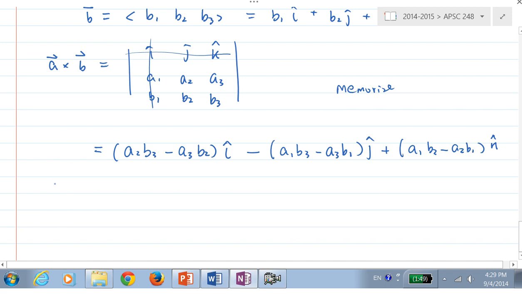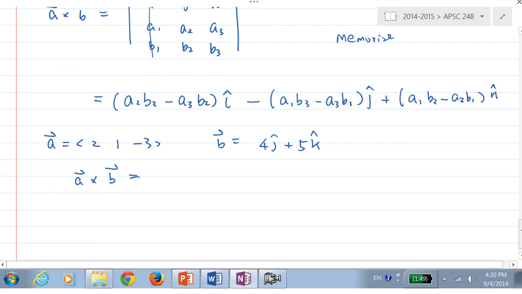Okay, so can you practice this quickly? This is A, this is B. What is A cross B? I'll give you 1 minute. You should be able to finish in 1 minute.